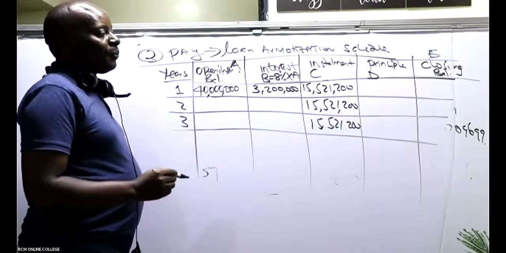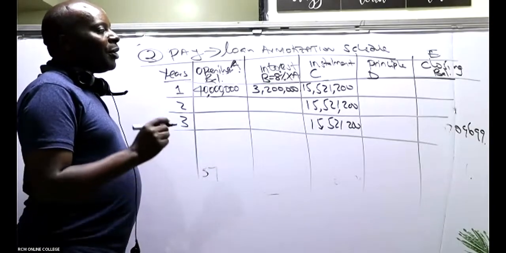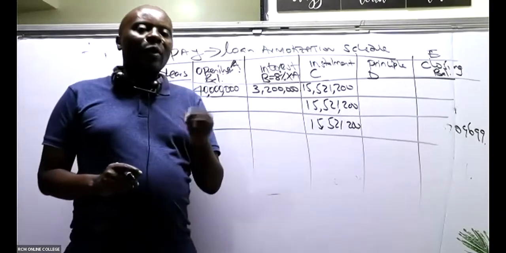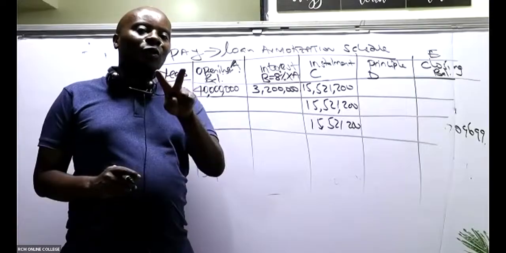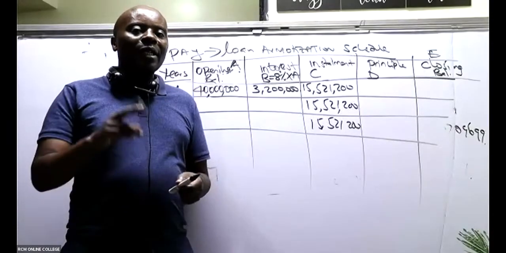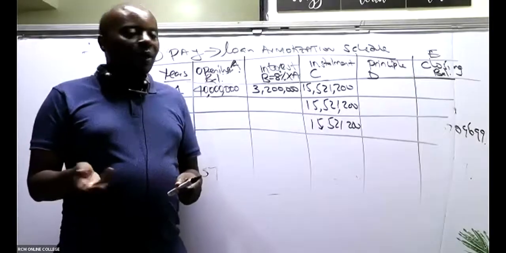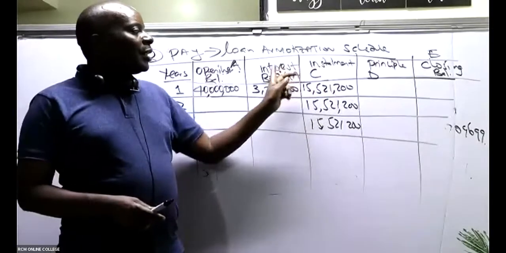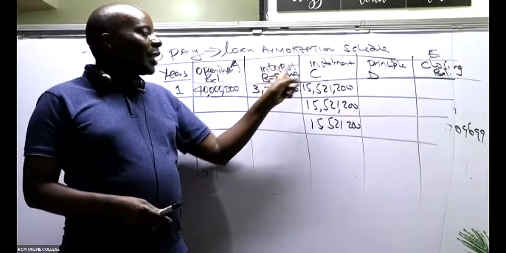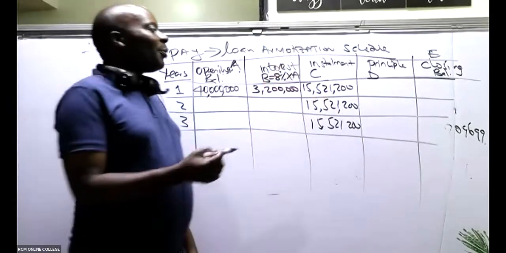Then, ladies and gentlemen, you know that whenever we pay an installment, it covers two things. It covers interest, and it covers the principal. So basically, this installment is interest plus principal. Now that I have interest and I have installment, to get principal is very easy.